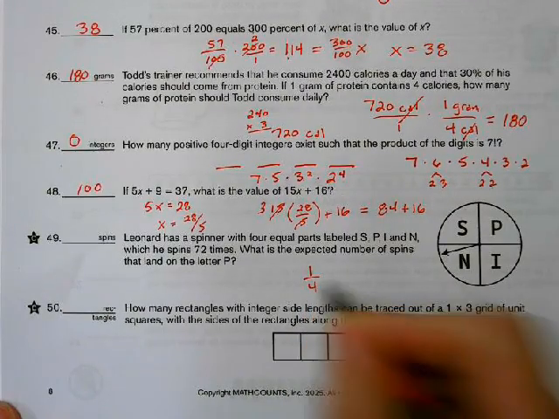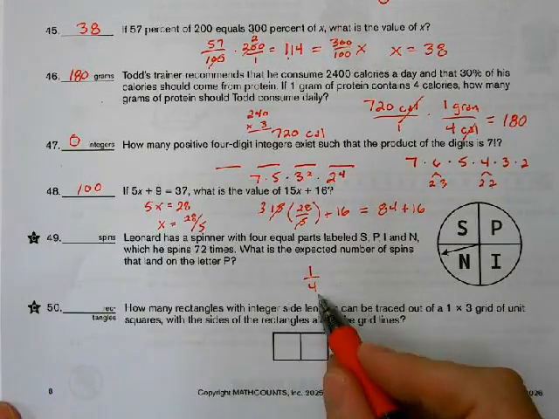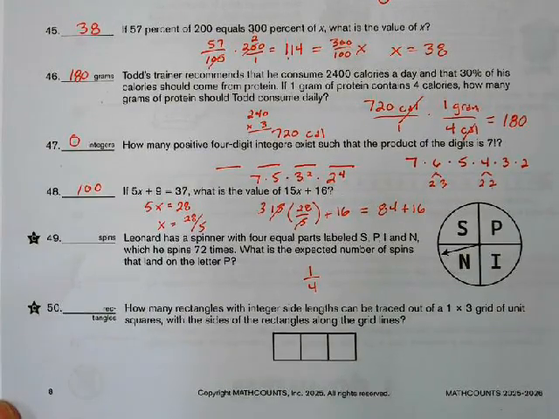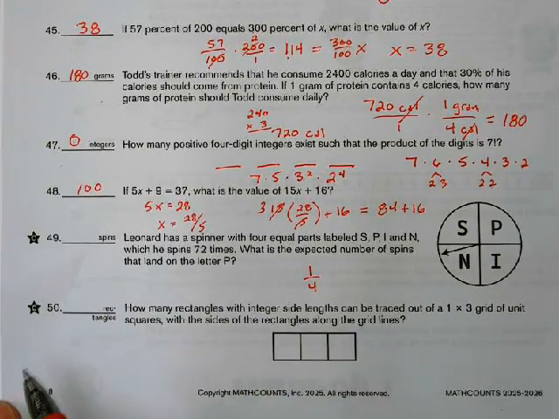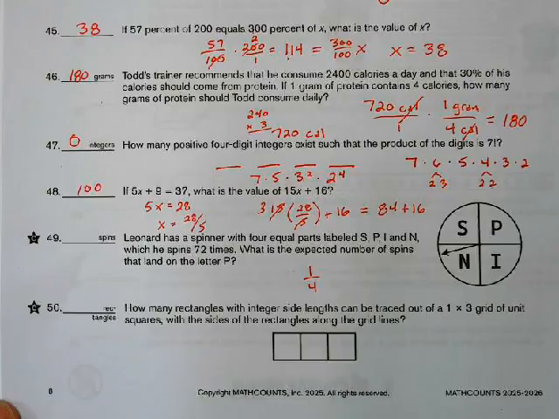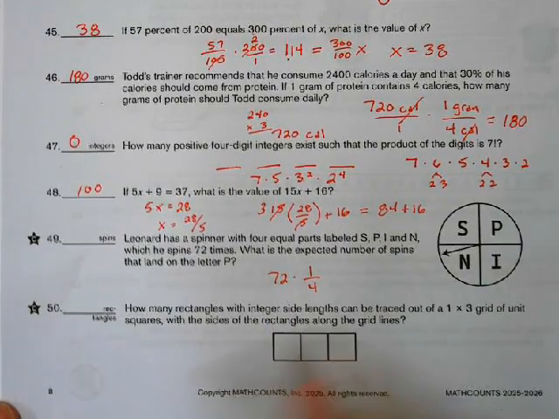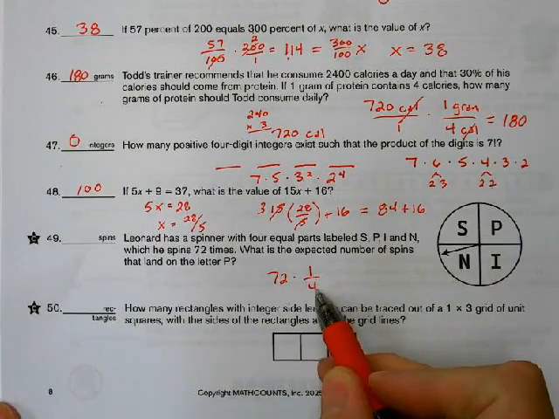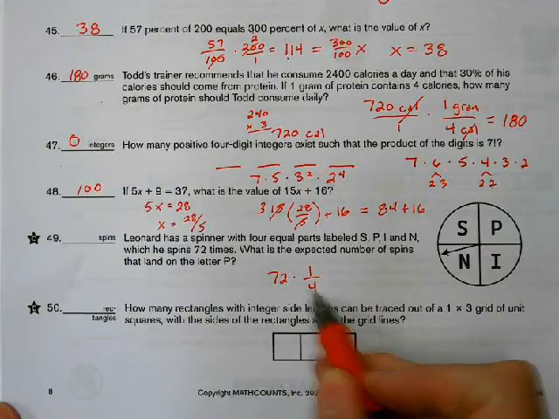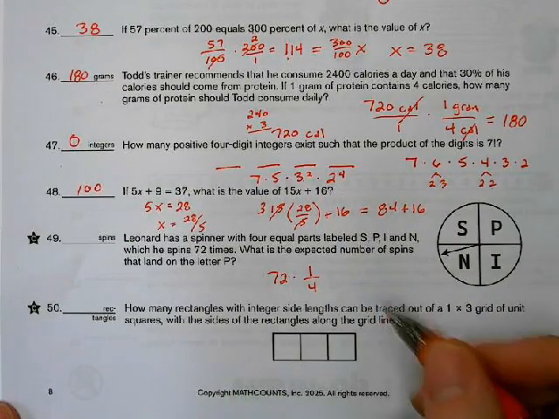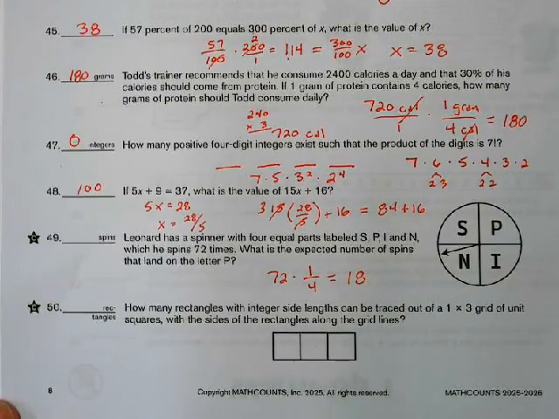So if I spin it once, 1/4 of the time, I should expect it to be a P. If I spin it twice, 1/4 plus 1/4 would be 1/2. So I should get half P's. I'm going to do it 72 times. So 72 times the probability of getting my outcome that I want, I just multiply here. So 36, 18. I should get P 18 times when I spin it 72 times.